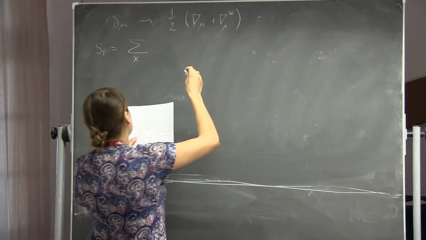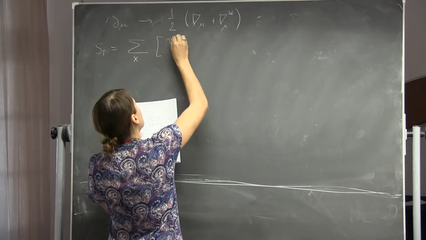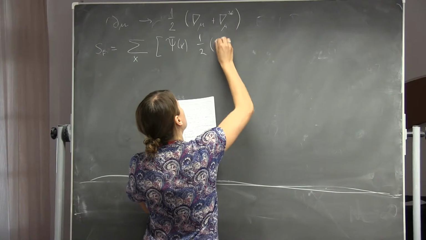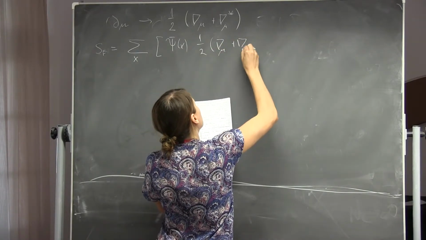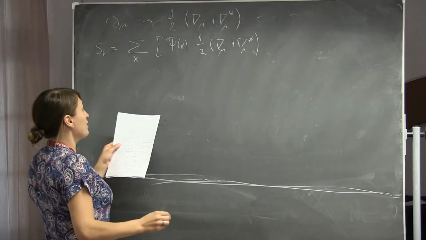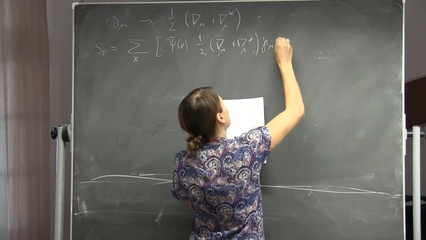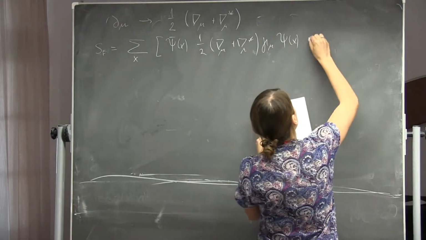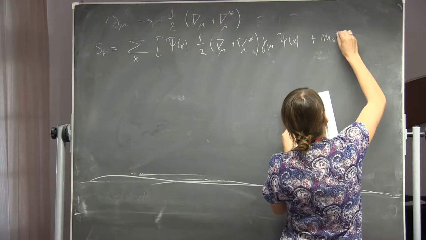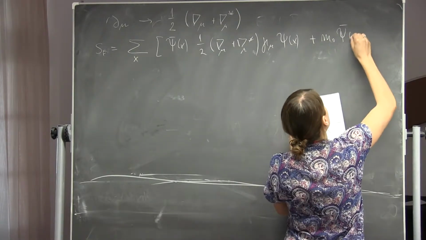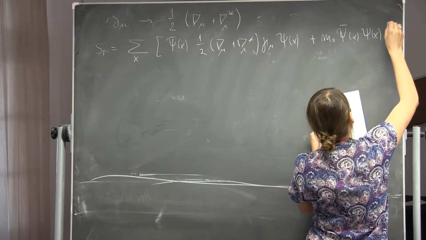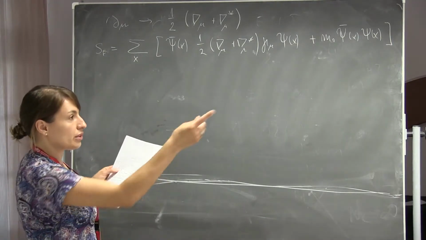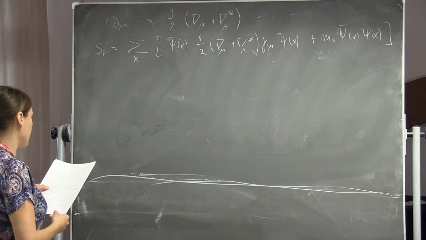So the expression, which is the first attempt to discretize the fermion action, would be the following: 1/2 of d mu plus d mu star, so the symmetric derivative, times gamma mu times psi of x, plus the mass term, which looks the same as in the continuum.